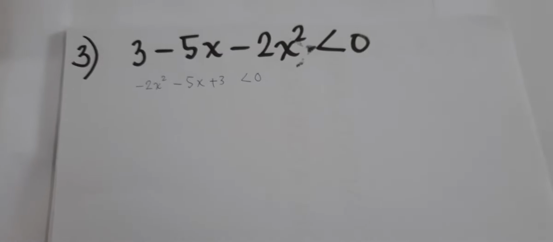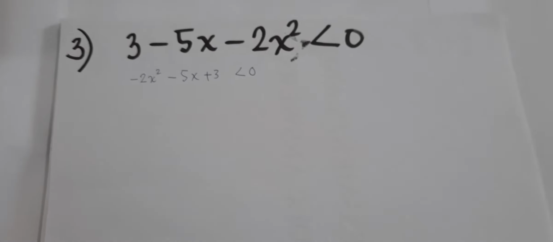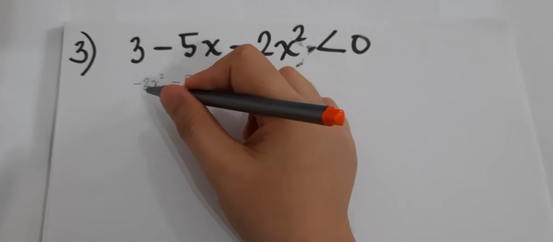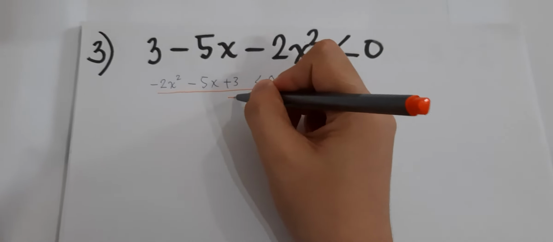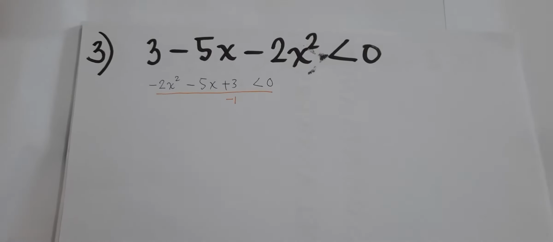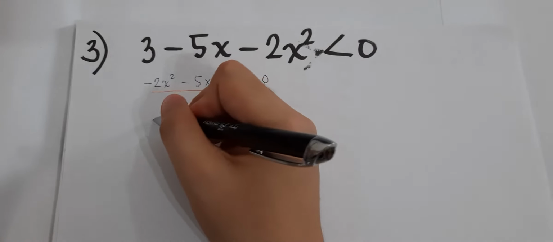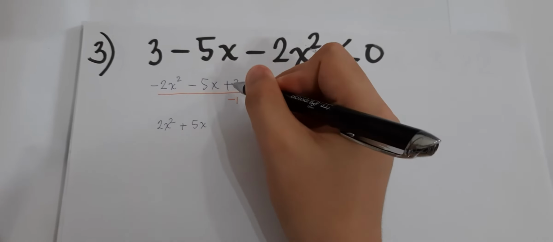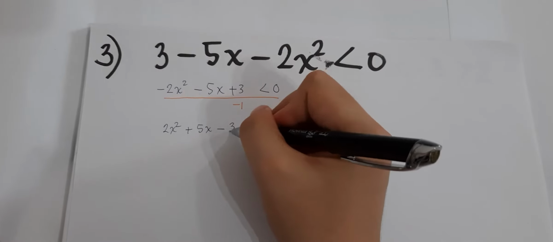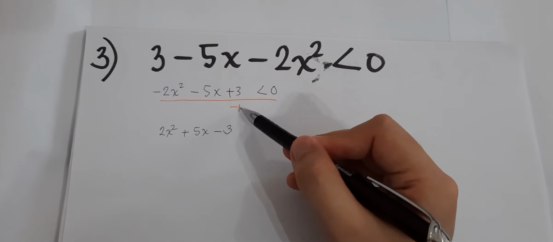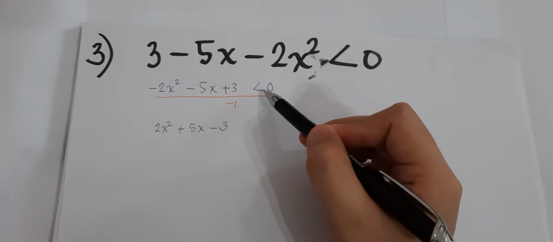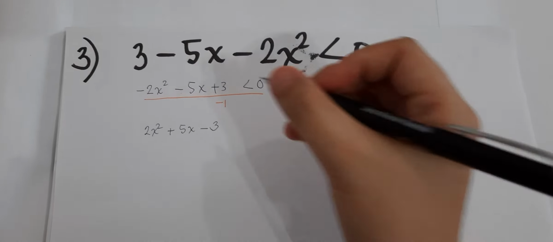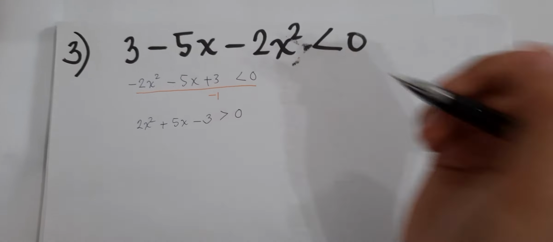I'm not good with factoring a negative value, so to make things easier, you will divide all by -1 to remove the sign here. Negative and negative will give me positive. Positive and negative will give me negative. Take note that if you divide an inequality by a negative, it will change the inequality from less than to greater than 0.